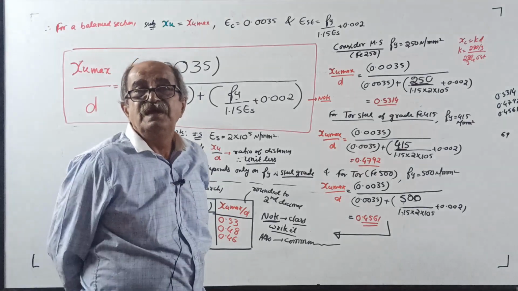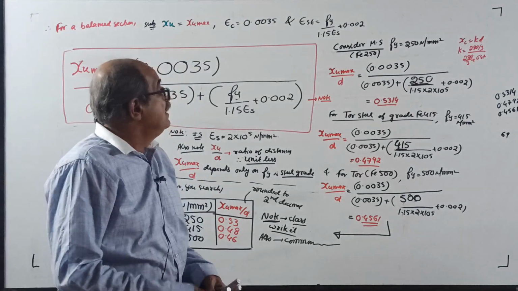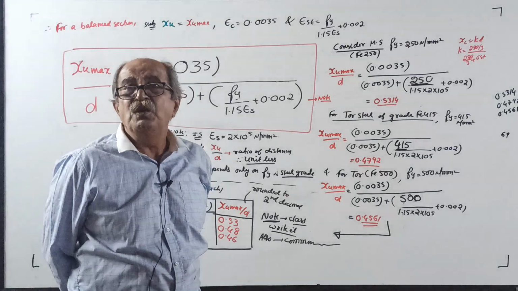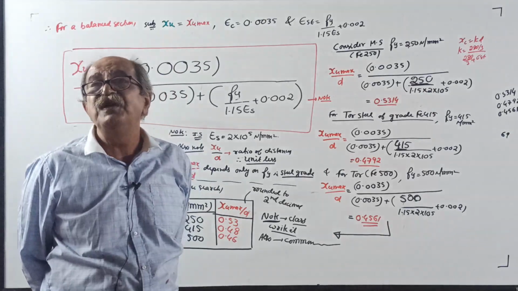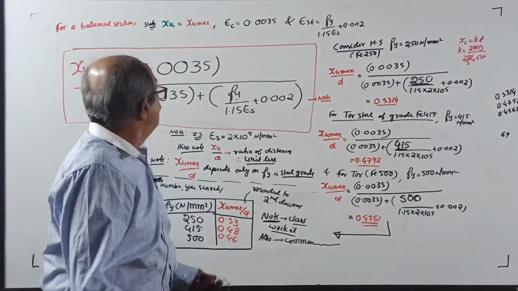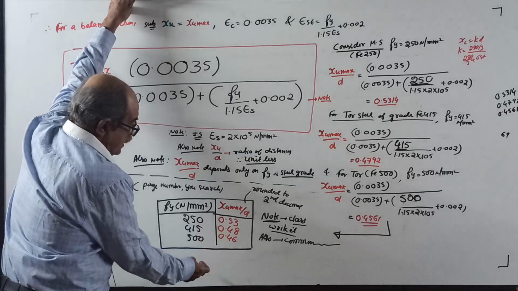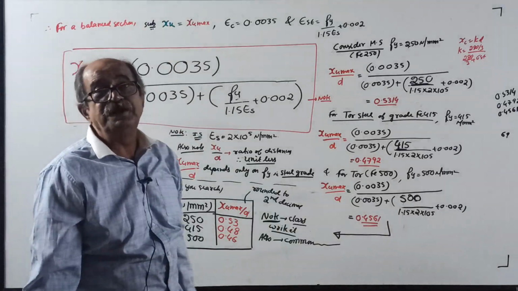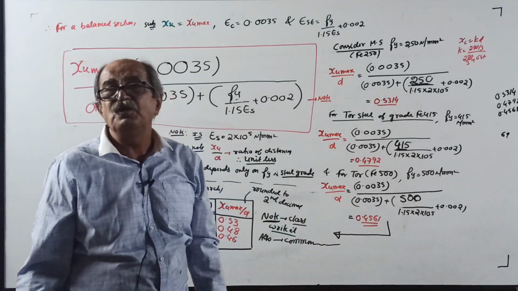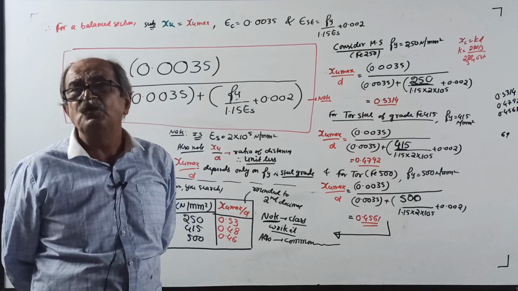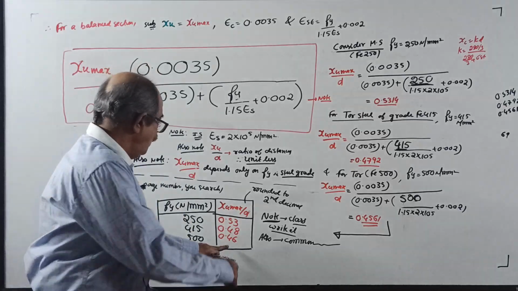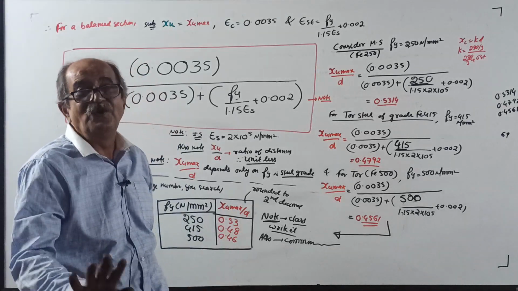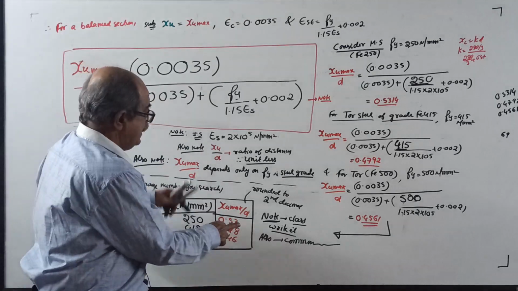But see, suppose a new steel has come at present, Fe 550, what to do? Some will say, sir, interpolate. No, don't go for interpolation. When the expression is known, you should not go for interpolation. Therefore, make a note here.